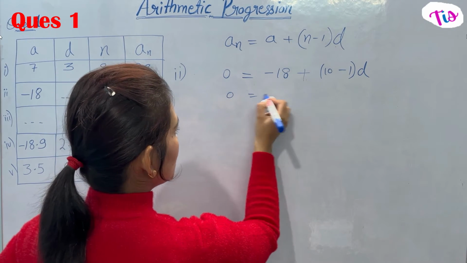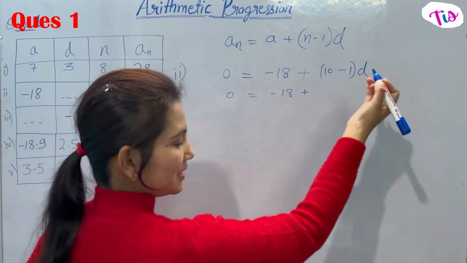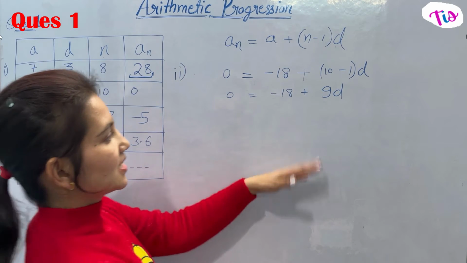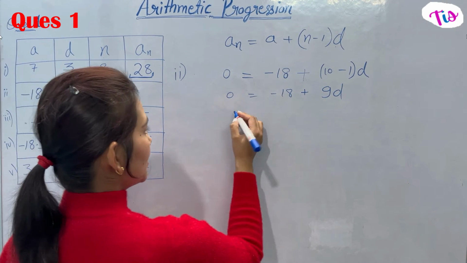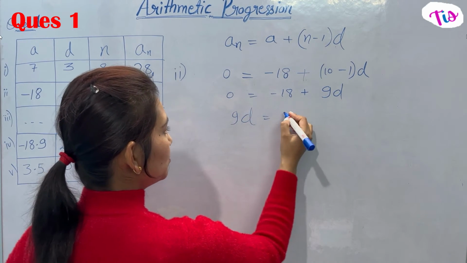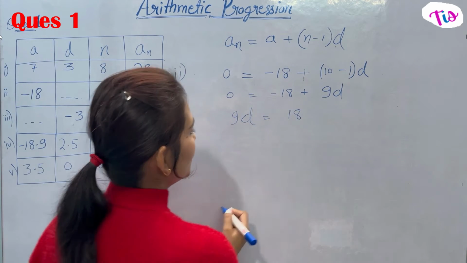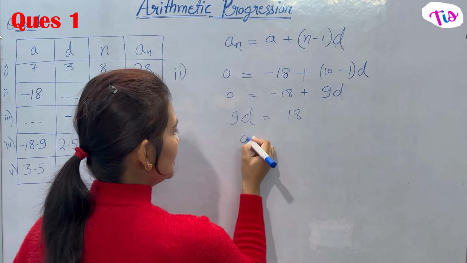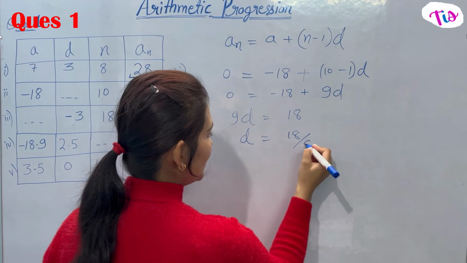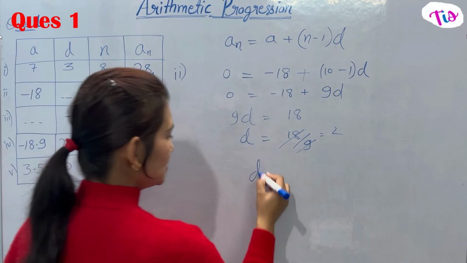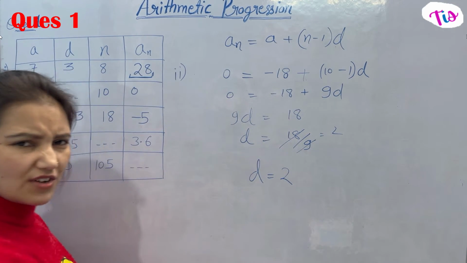So 0 is equal to minus 18 plus 9d. We'll bring 18 to the left hand side, so minus 18 becomes plus 18. So 9d is equal to 18, so d is equal to 18 upon 9, which is 2. So d is 2.